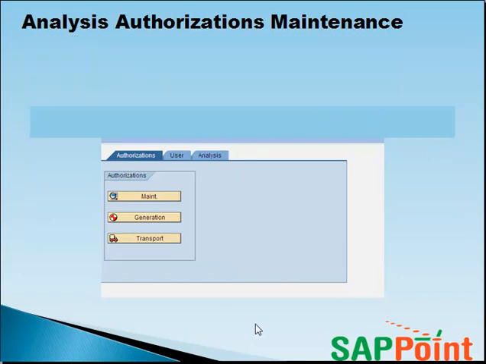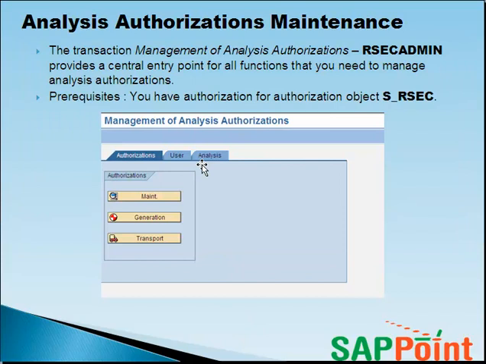Now analysis authorization has three tabs. Using the authorization tab, you can maintain the analysis authorization. You can generate it, and you can also transport the analysis authorization that you have created. In the user tab, you will find functions that we need to assign analysis authorization to the user.